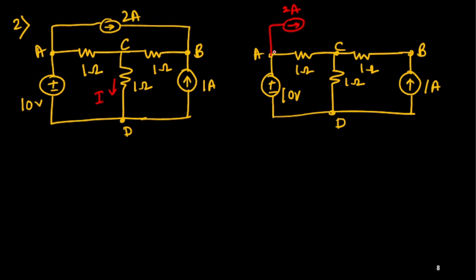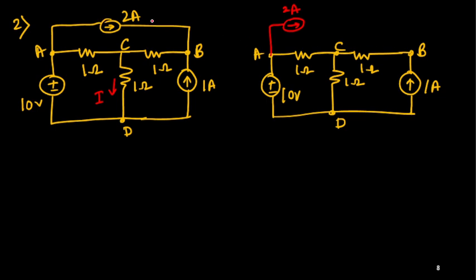Then node A is not disturbed at all. Is it fine? Because we don't wish to disturb any node. It should be an equivalent circuit, especially to find the current through this one. That is the requirement. I want to find the current through this 1 ohm resistance. For that only I am doing these things. So this 2 ampere current is leaving here.